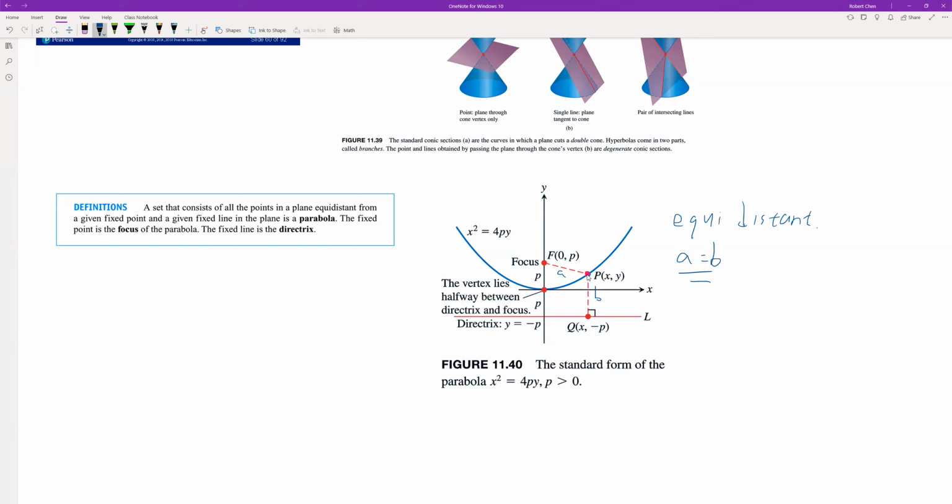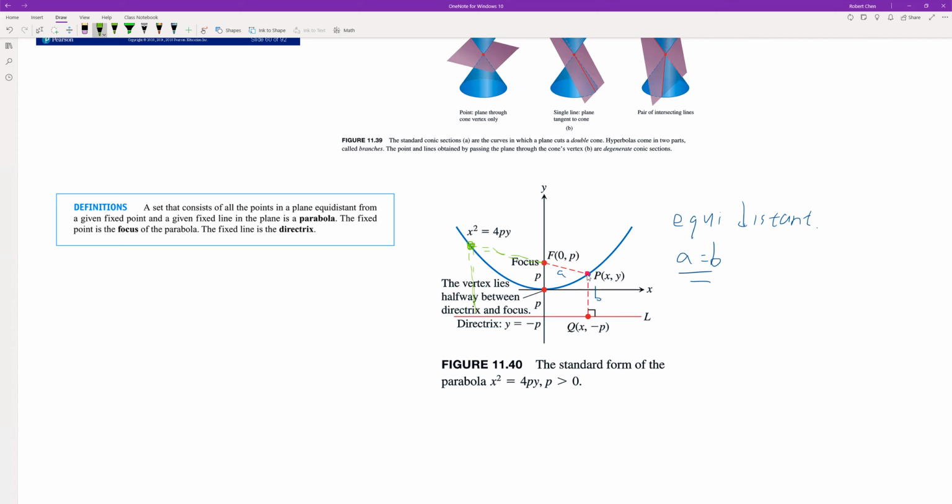Any point on the parabola will have this property. If I pick another point on the graph, then this distance is the same as this distance. So that is true for all the points on the parabola.